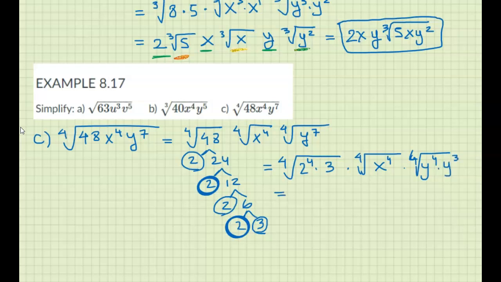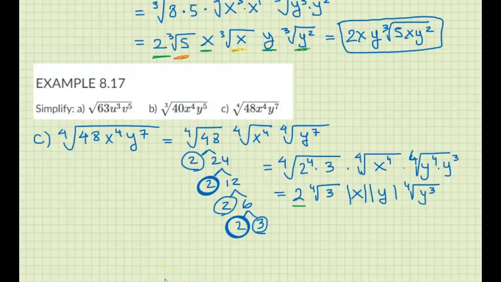Alright, so we can divide this exponent with the index. I get 2 to the 1, fourth root of 3. And this one divides exactly, so x to the 1 with absolute value. There are no x's left inside the radical. And this one I get y to the 1, and then fourth root of y to the 3.